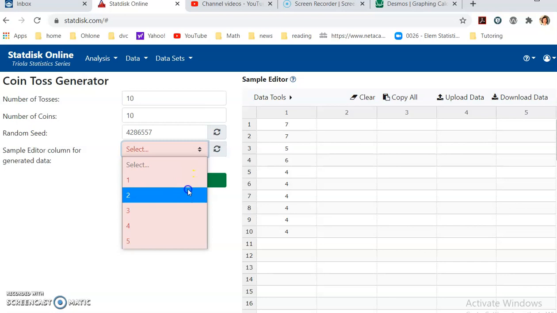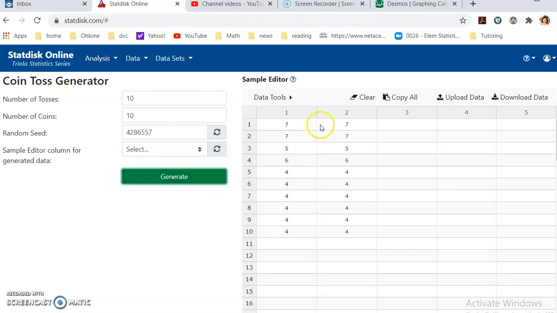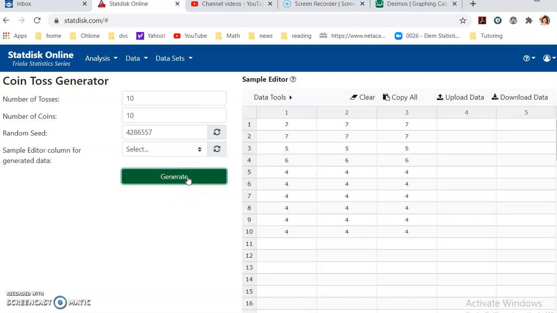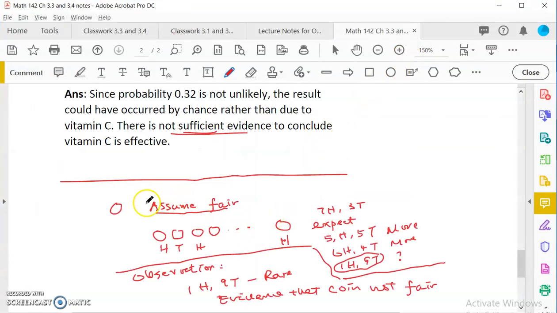In the second time we do the 10, we still see 5, 6, 4. They're really common. But the third time we toss it 10 times, we don't see 0. We don't see 1. So if those show up, you would conclude that there's evidence that your assumption that it's a fair coin is wrong.